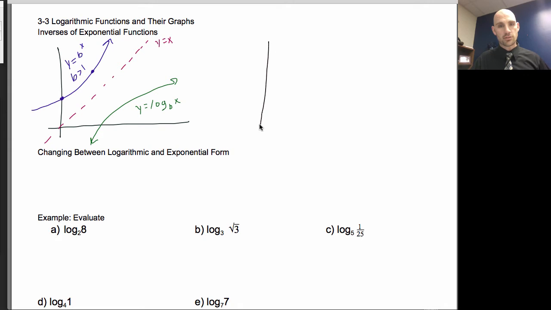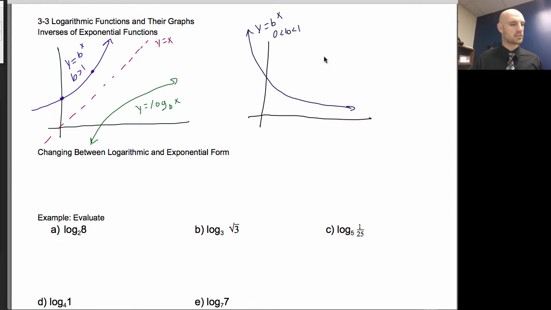The same thing is true for our other exponential function we looked at, our decay. This is y equals b to the x if 0 is less than b is less than 1.